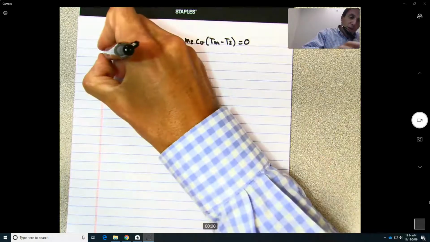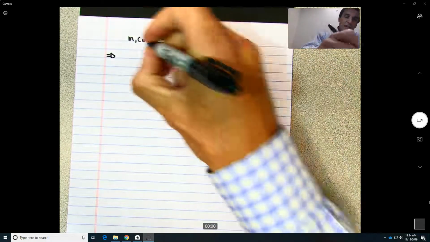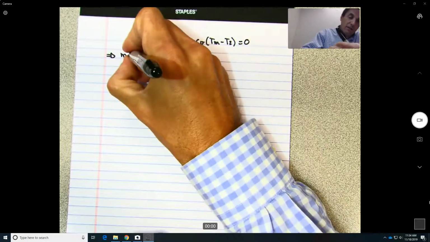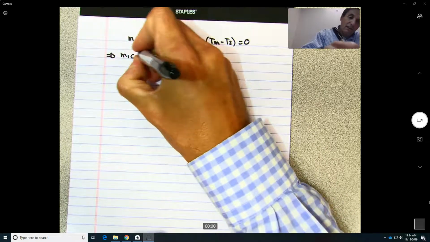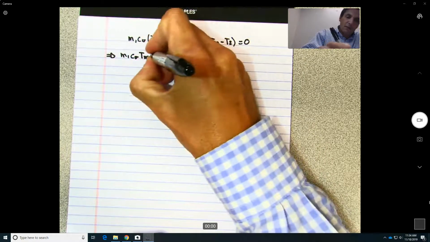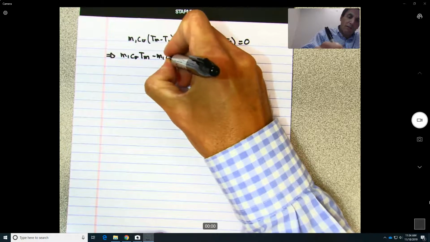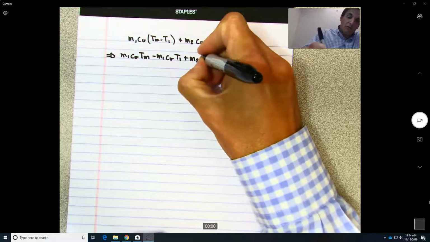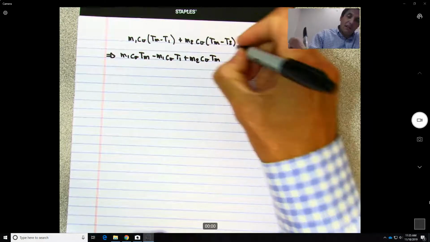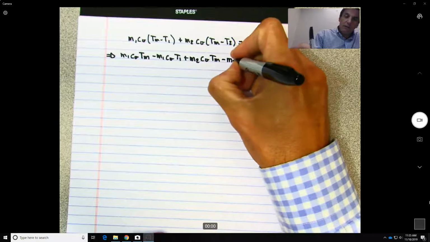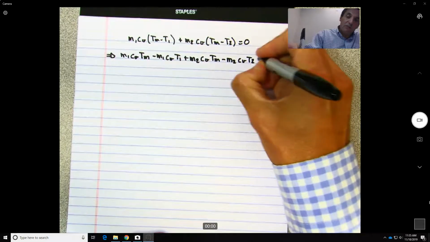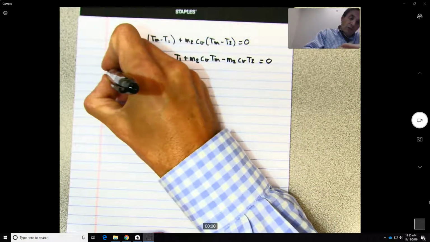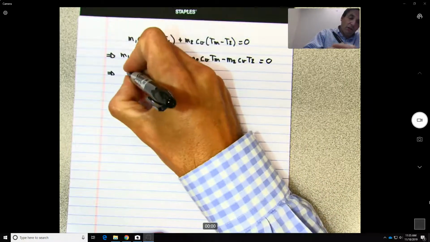So what we're going to have here is M1 Cv T mix minus M1 Cv T1 plus M2 Cv T mix minus M2 Cv T2 equal to 0.